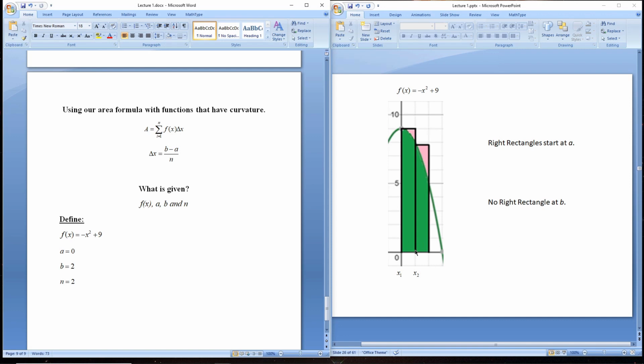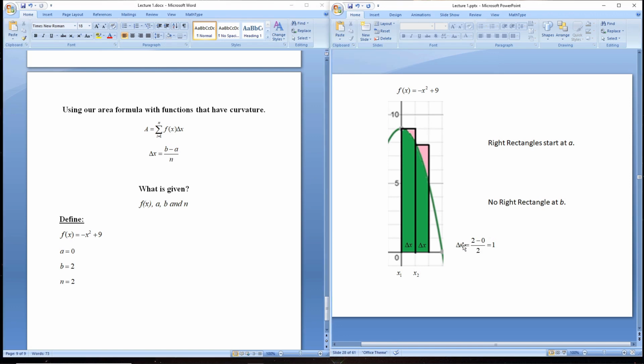Again, I'm flashing in here the thickness of these rectangles. Remember, they're always going to be the same. And we're going to call this thickness delta x. This delta x we can figure out from the information given, and we know delta x is b minus a over n.